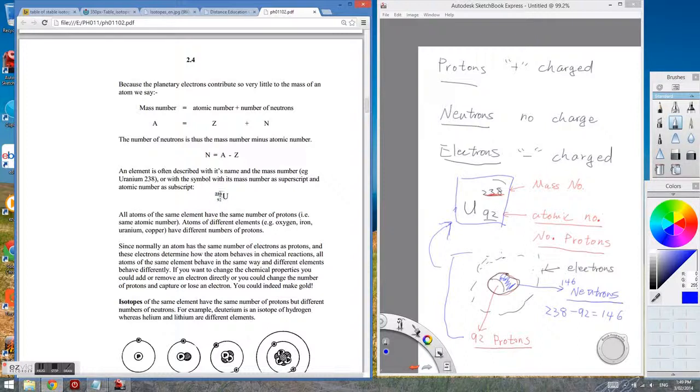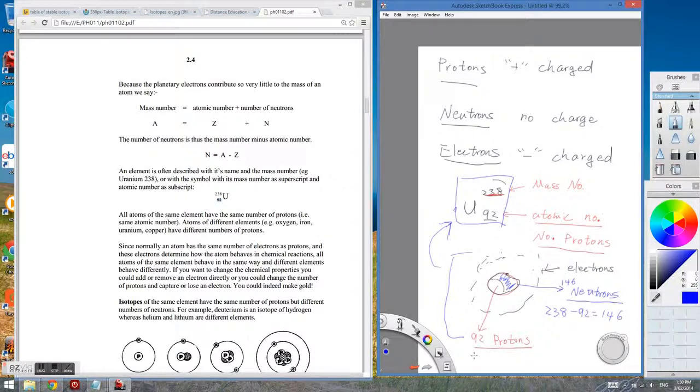That's how the formula is, but you don't really need the formula. The atomic number is down there, the number of protons. The mass number is on the top. The difference between them is the number of neutrons. Also, the number of electrons will normally be the same as the number of protons. So for this element, there will be 92 protons, 146 neutrons, and 92 electrons outside.